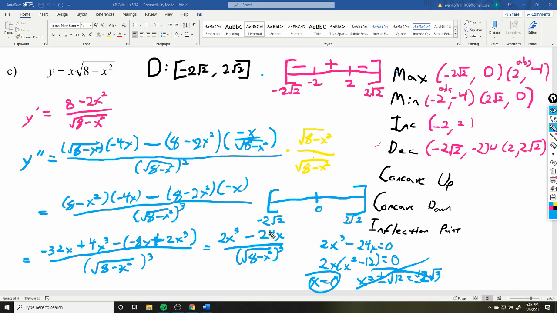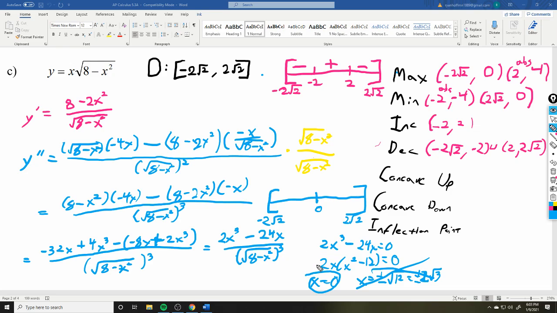So let's think about it. If we plug in a positive value here, the bottom's always going to be positive. And so I'm just interested in the top. Well, let's see. x squared minus 12, no matter what, is going to be negative.